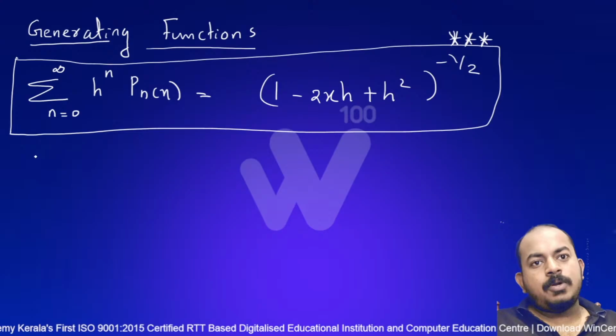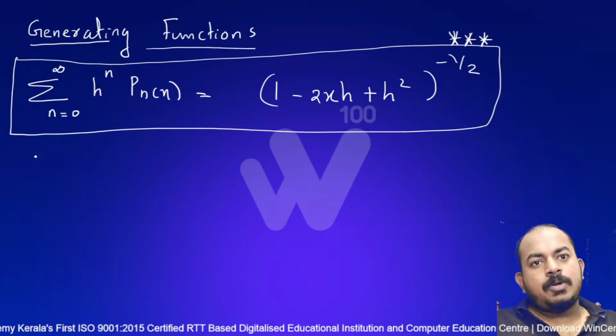So we will get the sum over n equals 0 to infinity of h to the power n Pn of 1, which equals (1 minus 2 into 1 into h, that is 2h, plus h square) to the power minus 1 by 2.